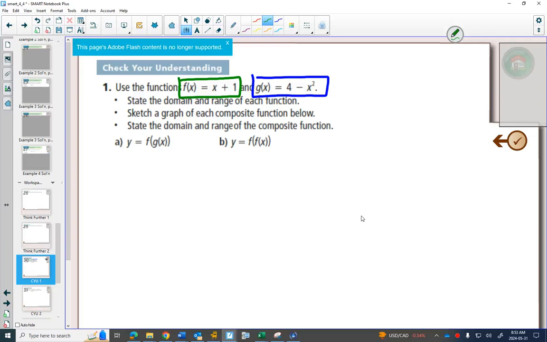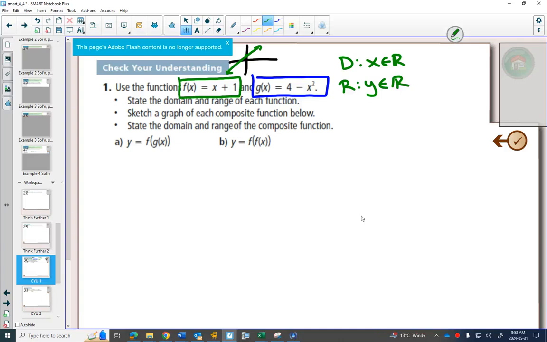So part 1, the domain for my green one is everything. Range is everything. Maybe in your head, you're like, x plus 1, y-intercept of 1. There's my first graph in green. Draw a quick sketch. Drawing that sketch, it's easy to see domain and range is everything.